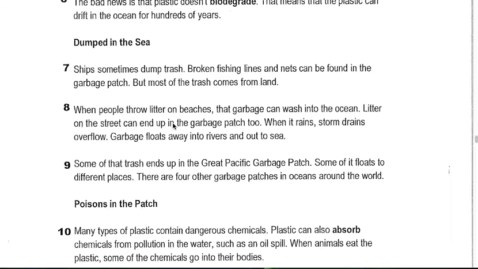When it rains, storm drains overflow. Garbage floats away into rivers and out to sea. Some of that trash ends up in the Great Pacific Garbage Patch. Some of it floats to different places. There are 4 other garbage patches in oceans around the world.